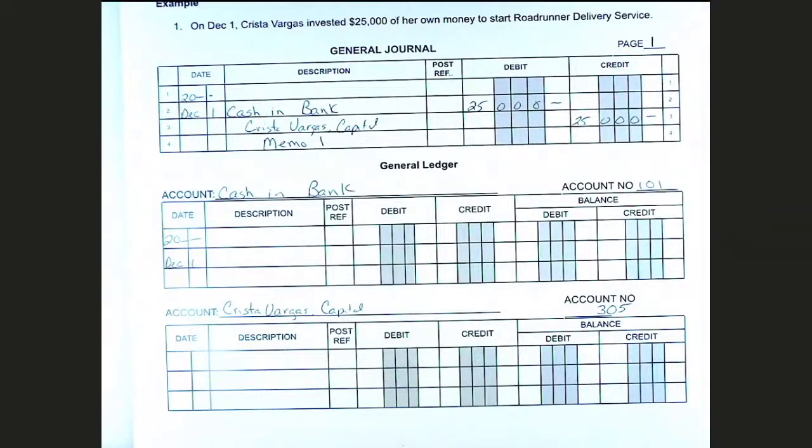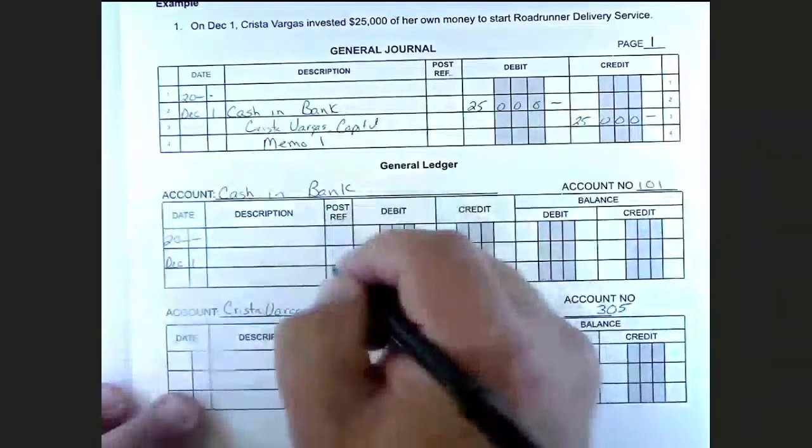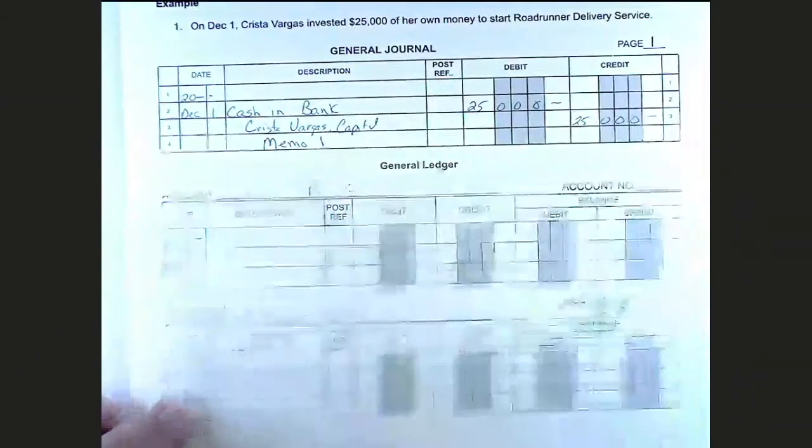The post reference. Where did this amount come from? It came from the general journal on page 1. So the abbreviation that we're going to use is G1.